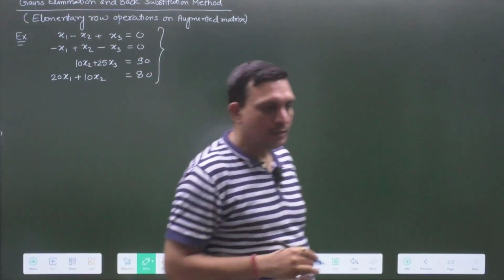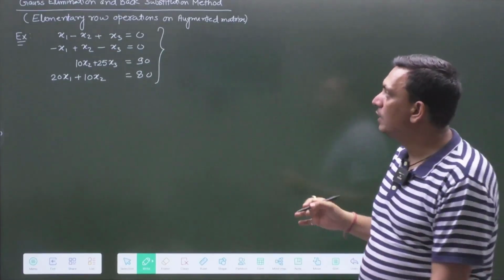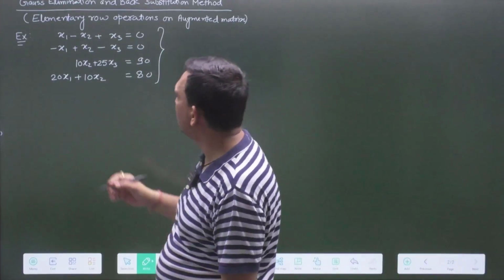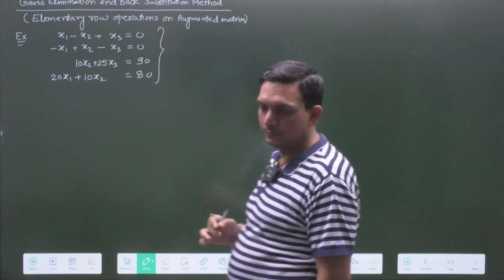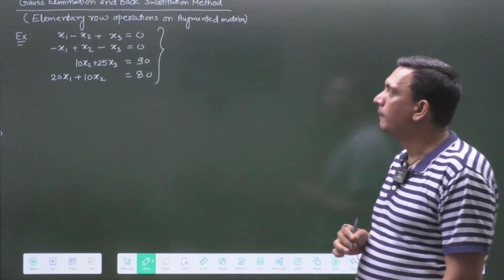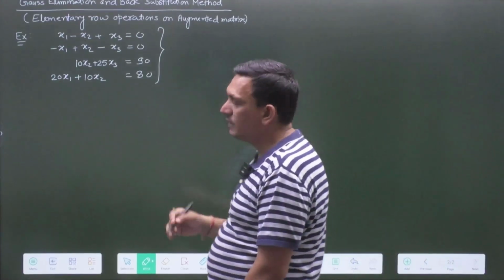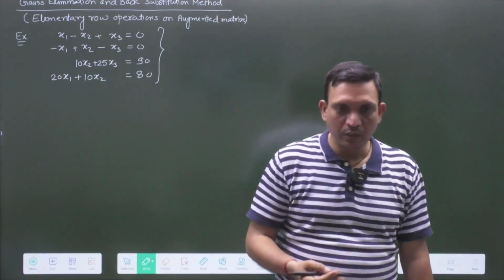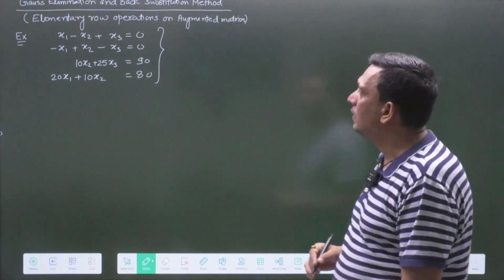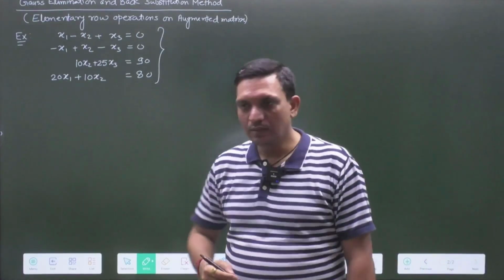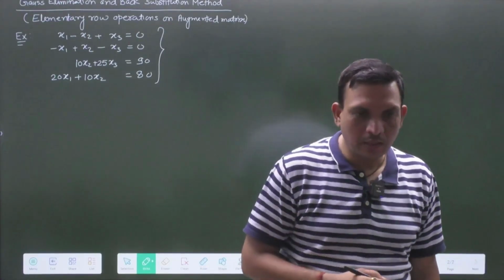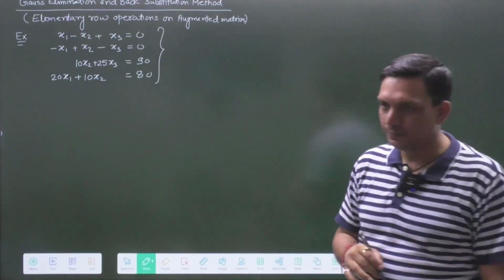This is the linear system of equations. There are 4 equations and 3 unknowns. And we have to check the existence and uniqueness of the solution: whether a solution exists, or it has a unique solution, or it has infinitely many solutions.